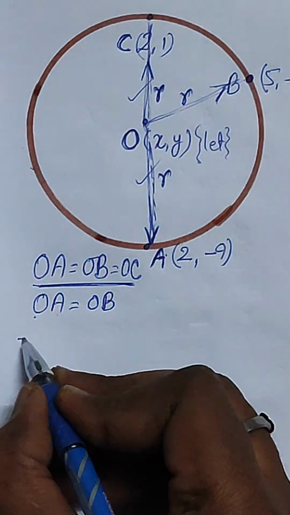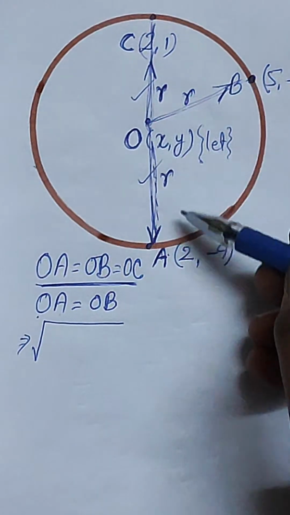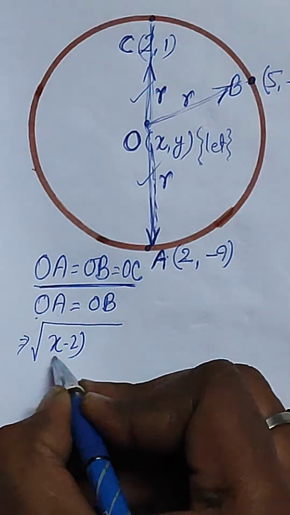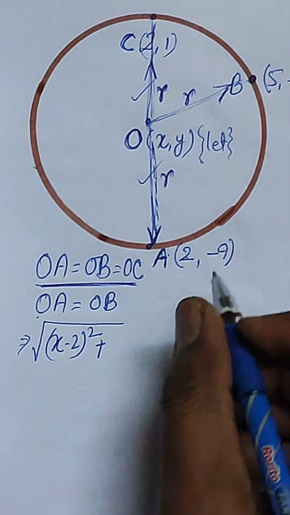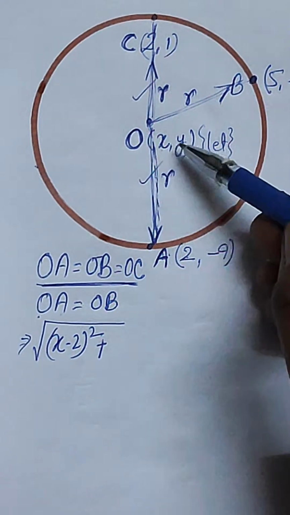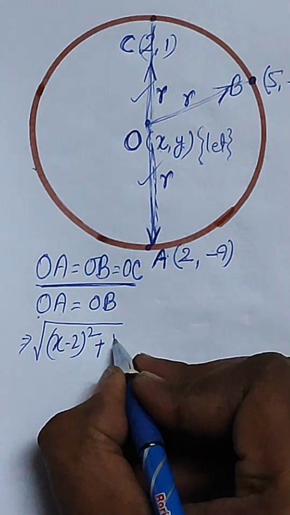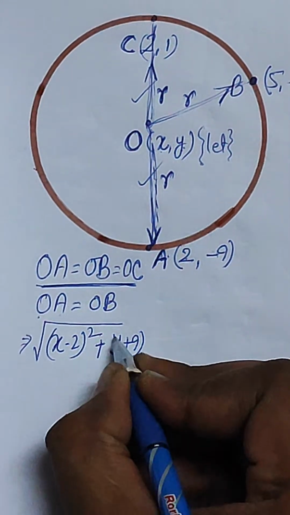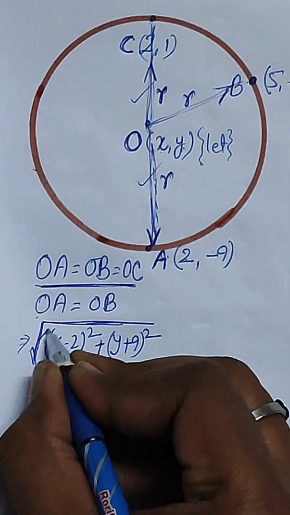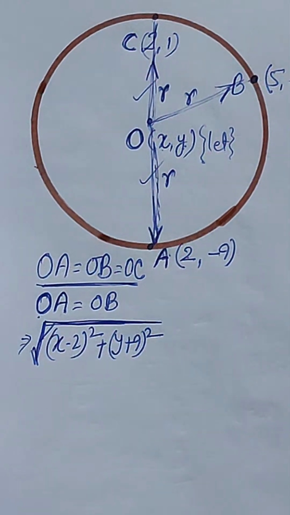Using the distance formula, the length of O to A will be equal to root over (x minus 2) whole square plus (y minus 9), the second one is the ordinate, first one is the abscissa, so that will be (y plus 9) whole square, and all this inside the root will give you the length of OA.